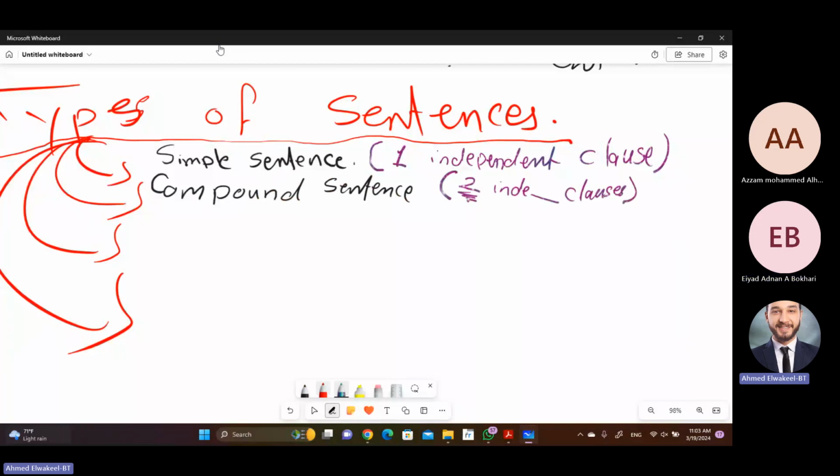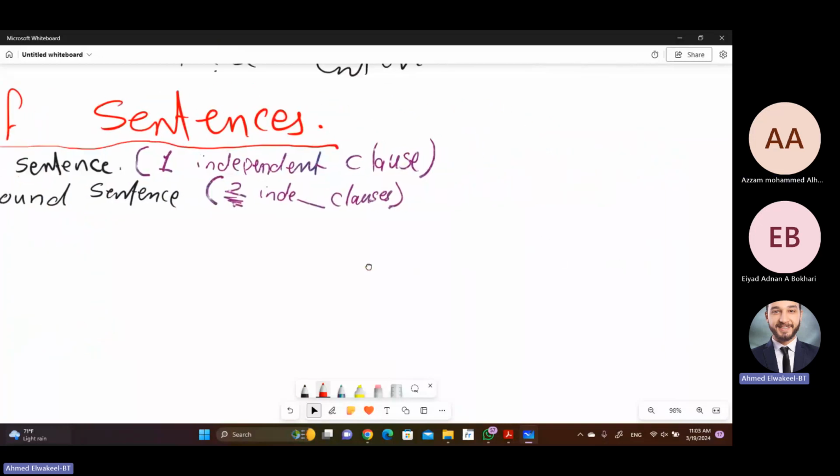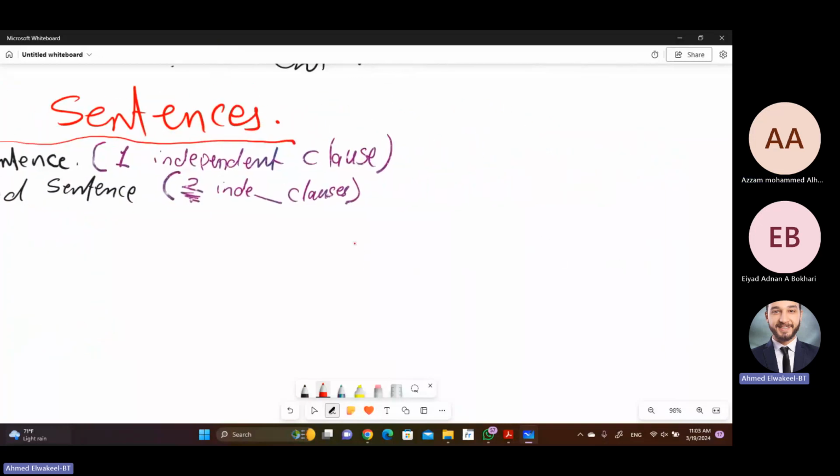And just to make anyone remember this one, to make the two independent clauses, remember this: FANBOYS, the coordinating conjunctions.